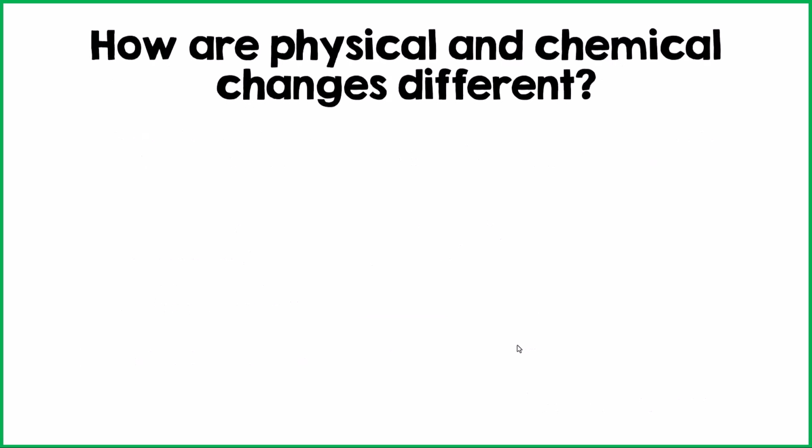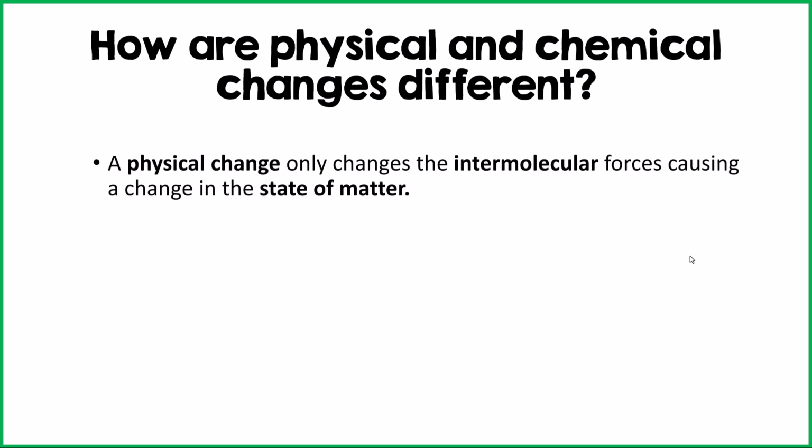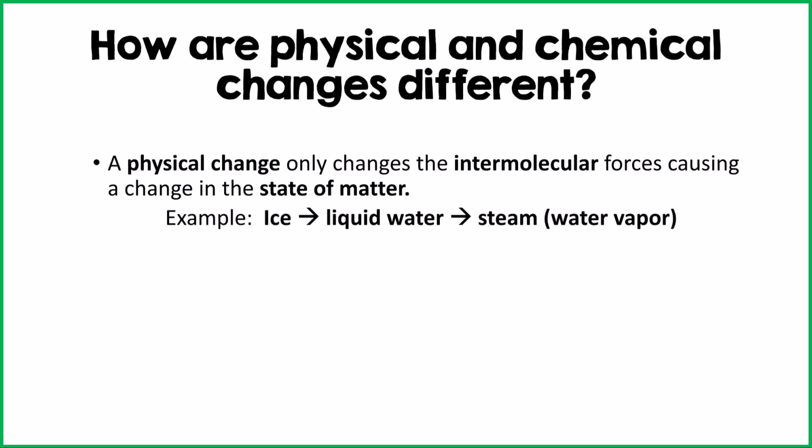How are physical and chemical changes different? A physical change only changes the intermolecular forces, causing a change in the state of matter. So an example of this would be ice changing to liquid water and changing to steam or water vapor. So in this example, the tightly packed ice molecules, their intermolecular forces are going to break.